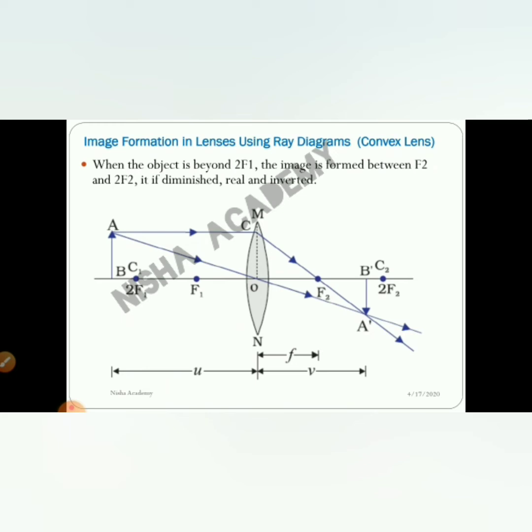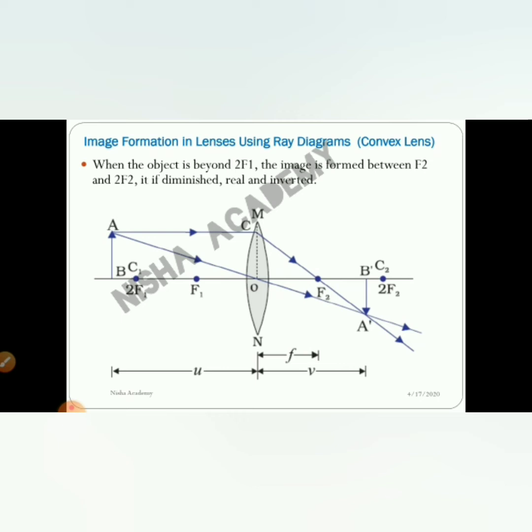The second ray, which is incident on the optical center O of the lens, passes straight away without any refraction, which is also shown by the direction of the arrow. You can see that both rays on the right side meet somewhere between f2 and 2f2. So you can say that the image is formed between focal point f2 and the center 2f2.